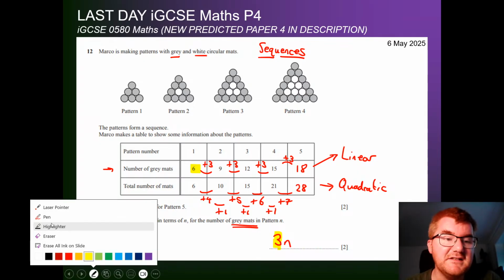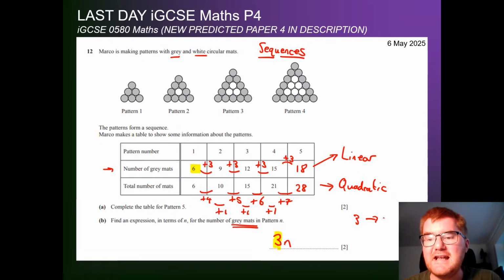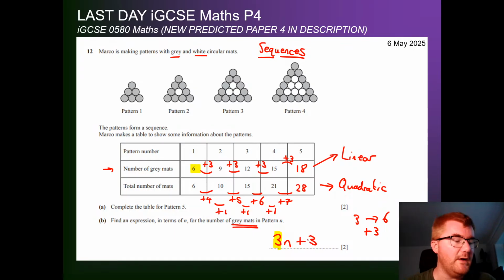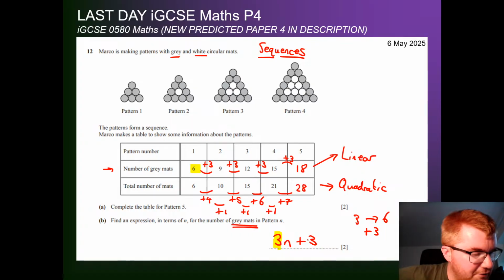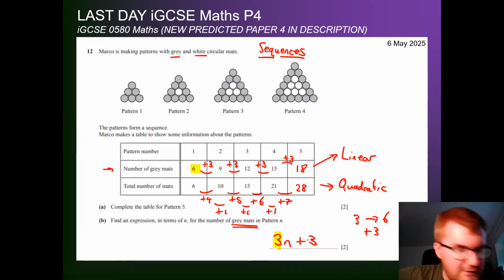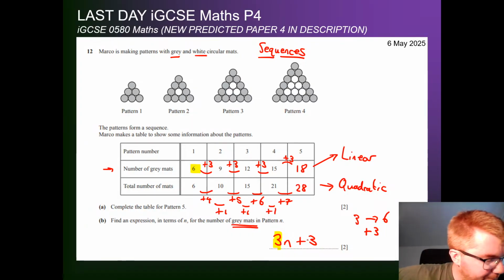What do I add to 3 to get 6? I just add 3. So this is a very easy, quick way of working out a linear sequence rather than using the a plus n minus 1 d formula, which you can also use as well. Good, 3n plus 3 in the chat, very nice, excellent.